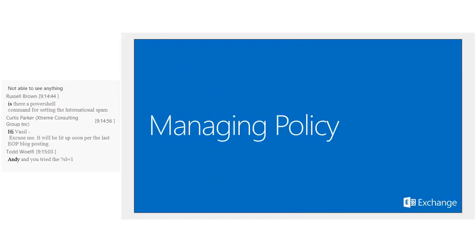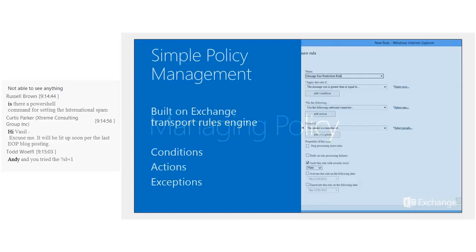Now, I talked about that EOP is entirely managed via ETRs, it's policy-based. And if you're not familiar with one of these ETR rules, this is how that rule looks in the screenshot on the right. It is based on a simple condition, and then there are different clauses like action and exceptions.